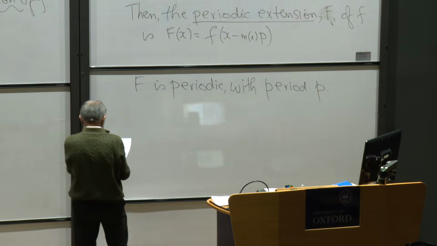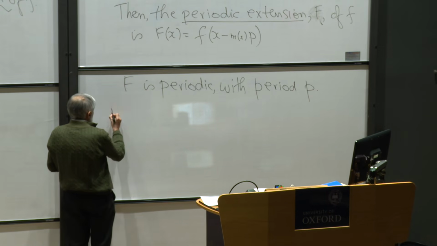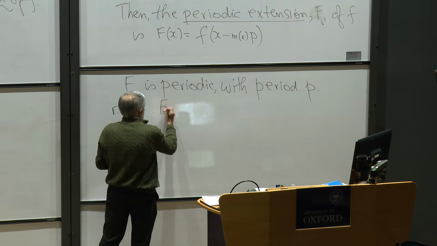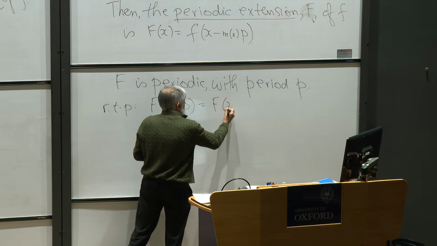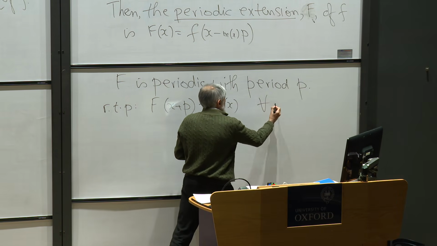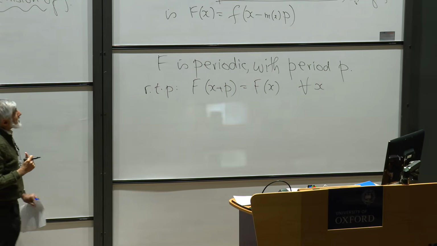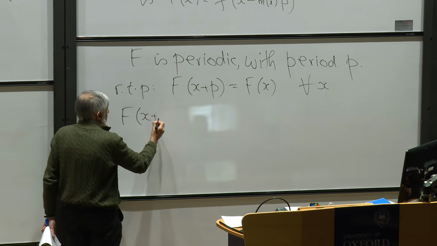If we take an x, so now what do we need to prove? So required to prove that F of x plus p equals F of x for all x. Okay? So by definition, what is F of x plus p?